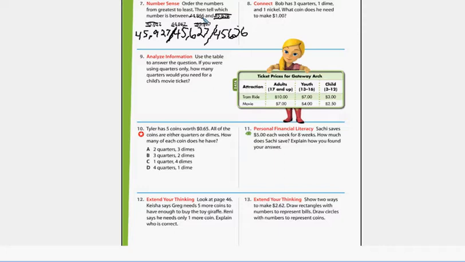So the one with the 7 is the next largest, which is 44,867, and the next one is 44,666. So those are all 5 numbers in order.